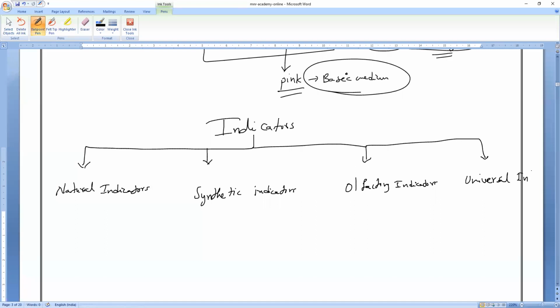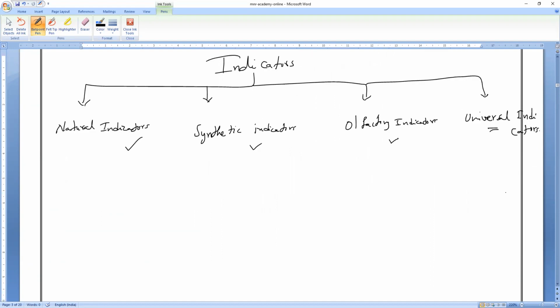Each and every one is very, very important. Based upon these indicators and the colors, 100% one question will be there in our board exam. So indicators are how many types? 4 types: natural, synthetic, olfactory and universal. Clear, all of you?